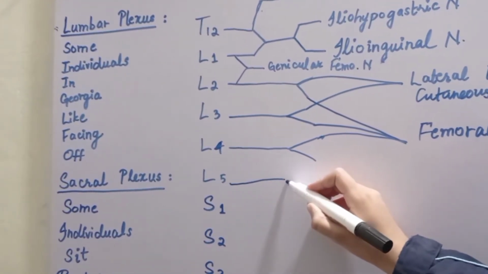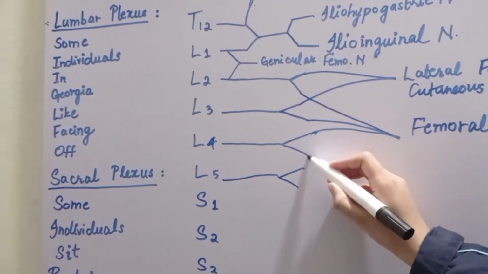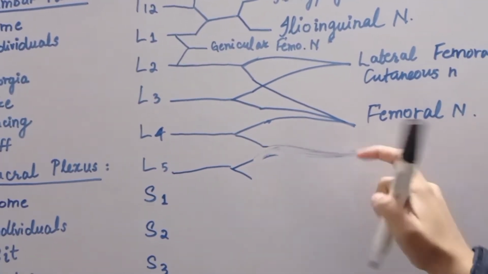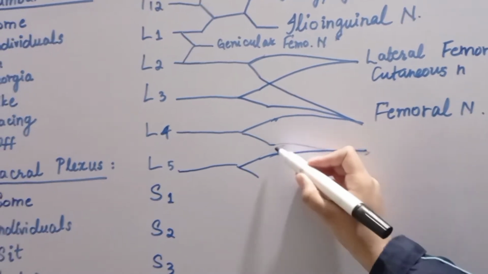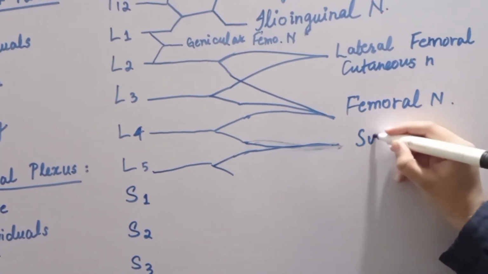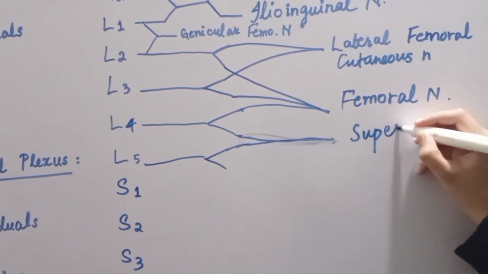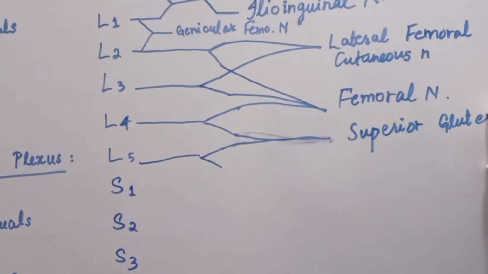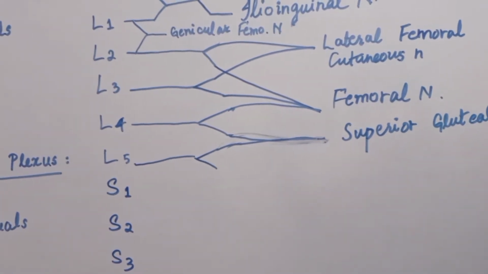Okay, now the posterior branch of L4 is going to combine with the anterior branch of L5 to form the nerve that is called the superior gluteal nerve. Remember the anterior and posterior aspects of the branches.